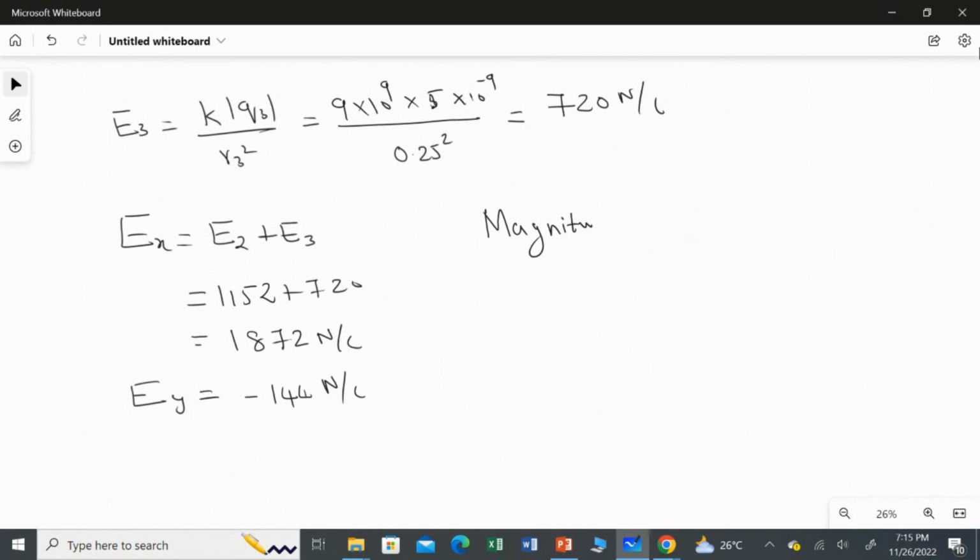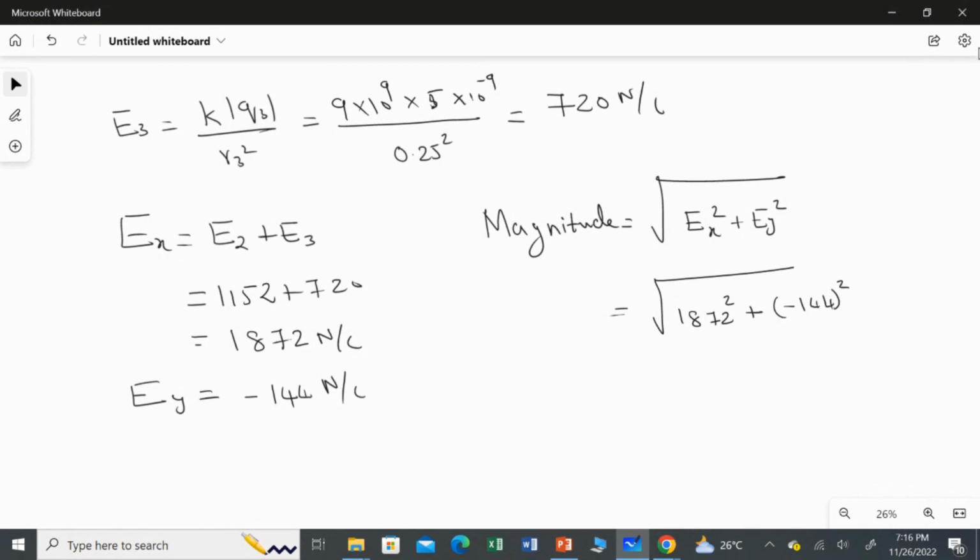Magnitude is equal to square root of Ex squared plus Ey squared. So square root of Ex is 1872 squared plus Ey is negative 144 squared. What's the answer?